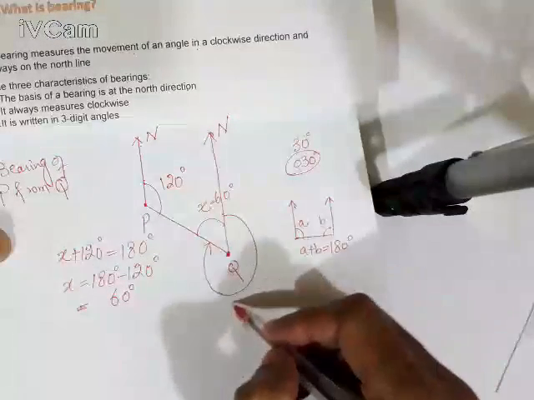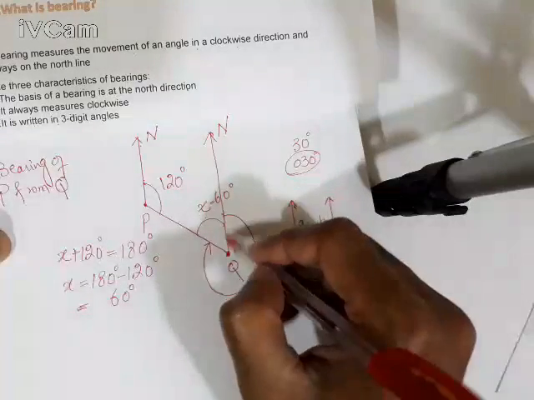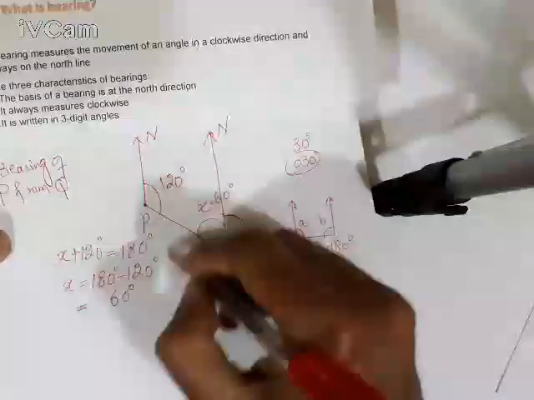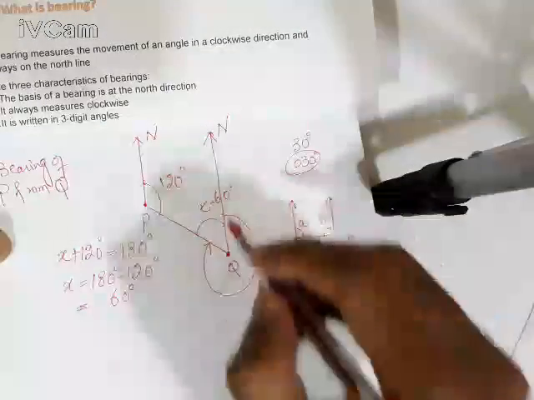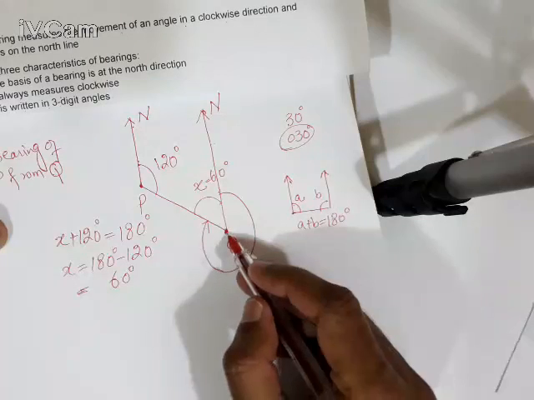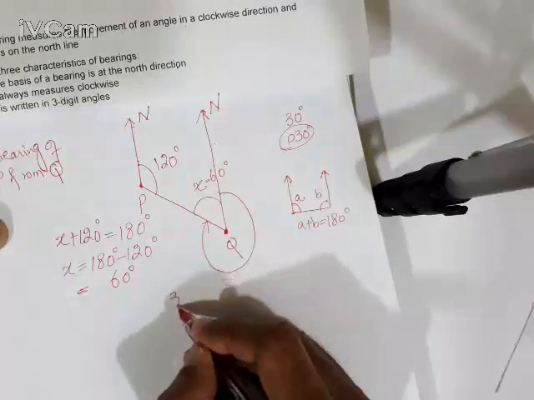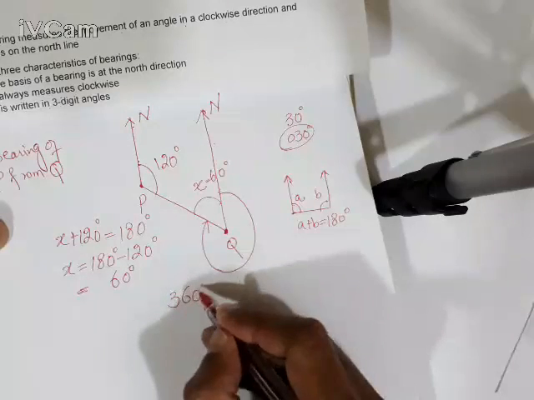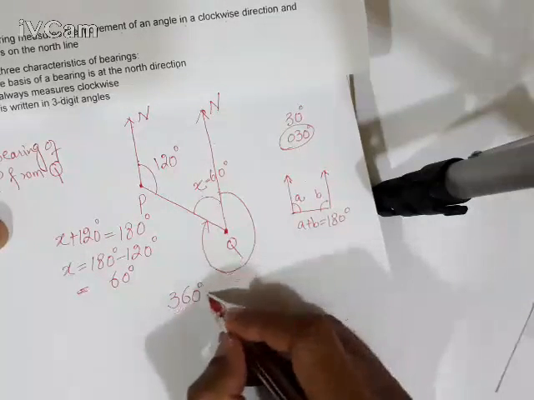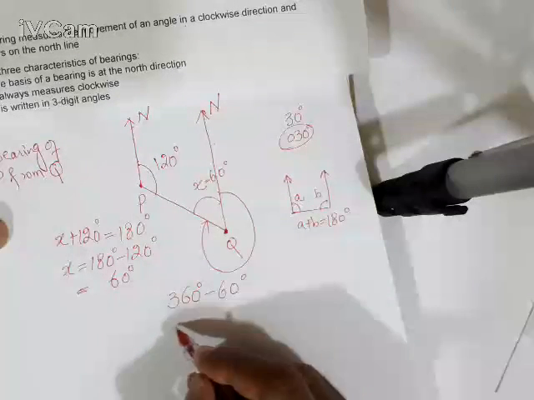Now if it is 60 degrees, you have to calculate this bearing. So we are going to calculate this outer angle. Suppose this is our central point, and we know that the whole angle at a point is equal to 360 degrees. So again we use another property, angle at a point. We have to subtract this inner angle, which is 60 degrees.